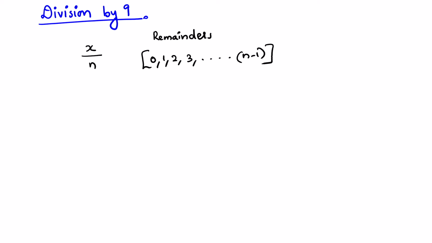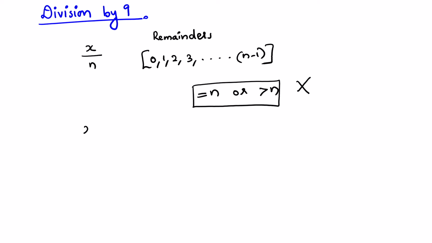So the remainder can only be either 0, 1, 2, 3 or n minus 1. It can never be equal to n or greater than n. This case is not possible. So when you divide a number by n, then remainders can fall under the set 0 to n minus 1. Can never be equal to n or greater than n.